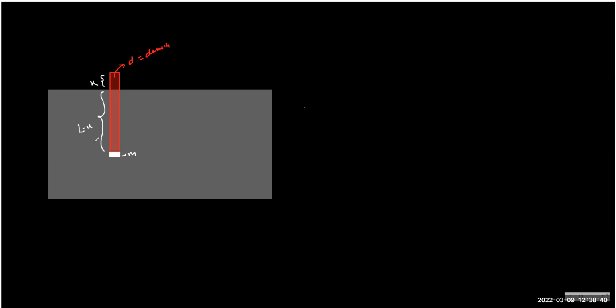So what is the condition for stable equilibrium? The rule is, if I choose this as origin, then y of the center of buoyancy should be more than, or in the worst case equal to, y of the center of mass.